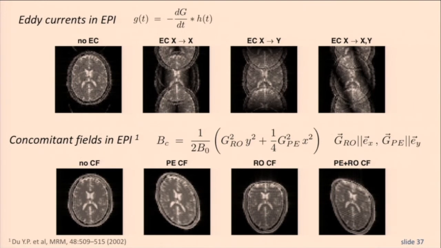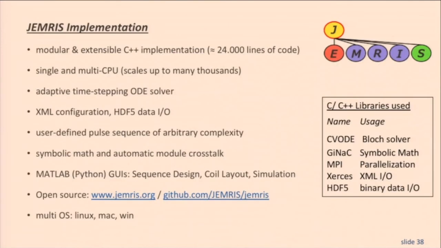That means eddy current cross terms. And in the bottom row, you see something called the concomitant field. It's a very specific field, of course strongly exaggerated here in these examples, but that can be present as well. Especially, concomitant fields are problematic at lower field strengths. So much about the physics.